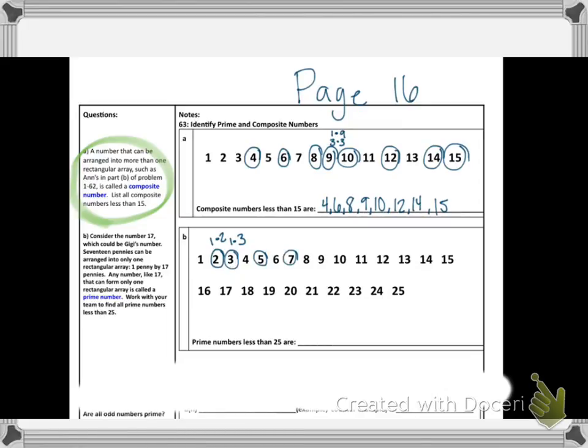As we continue looking through this list, 11 has 1. 13 only has 1. 17 only has 1. 19 only has 1. And 23 only has 1. These are your prime numbers: 2, 3, 5, 7, 11, 13, 17, 19, and 23.